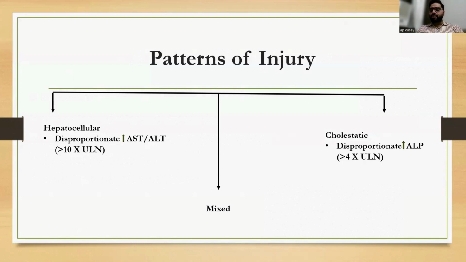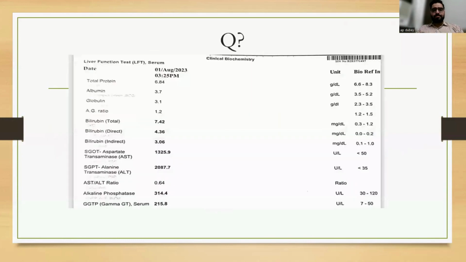And what is that disproportionate elevation? That is more than 4 times the upper limit of normal. Whenever we are not able to stratify the pattern into either hepatocellular or cholestatic, or whenever in any patient both these patterns are present, we call it a mixed pattern of injury.